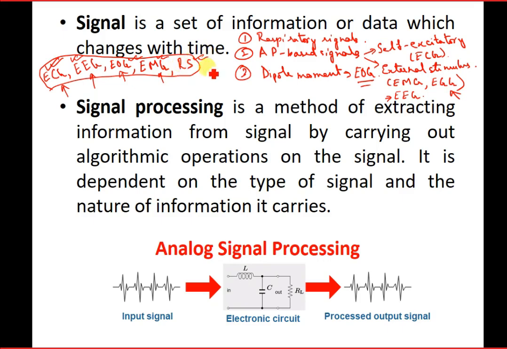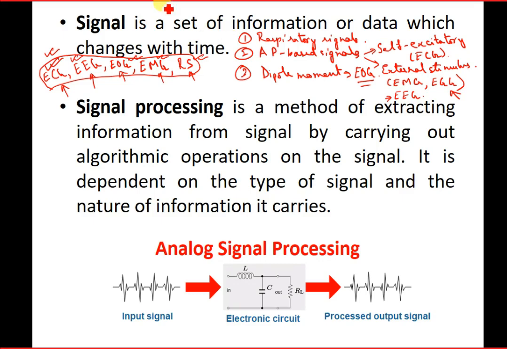And respiratory signals, as we know, from there we can find out whether the respiration is proper or not, how the lungs are functioning, and all these things. So by analyzing all these signals, we can extract some information from these kinds of biosignals, and we can see all these biosignals change with time.